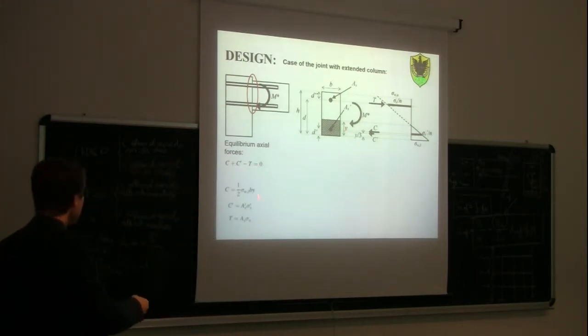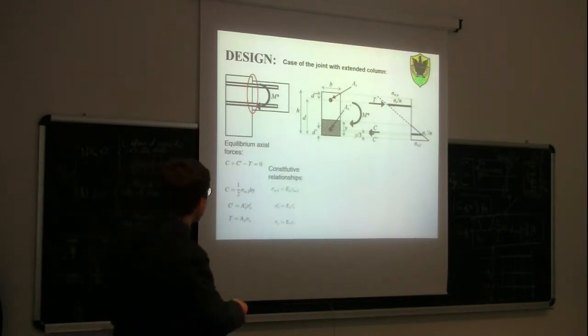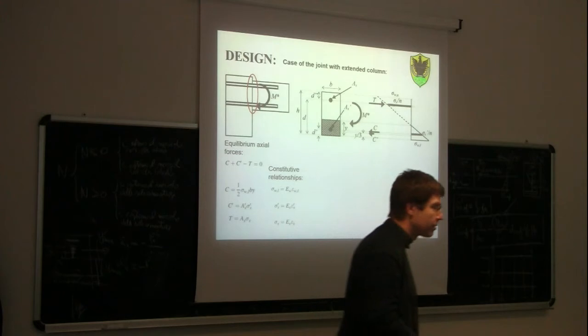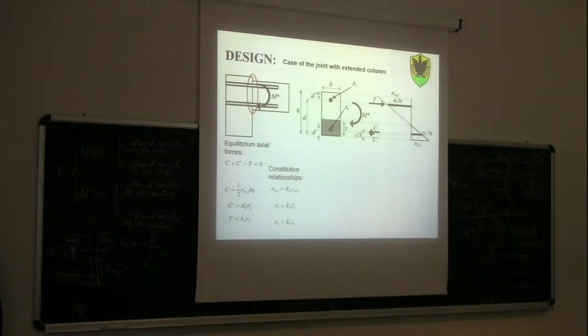Then we calculate this tensile force and compression force in the timber and in the steel. Then we use the constitutive relationships, so linear relationships for both timber and steel, so we don't consider any plasticization here. Congruence, so basically a plane section remains plane after the deformation, so these are the same kind of relationships that you may recall finding in the reinforced concrete course.